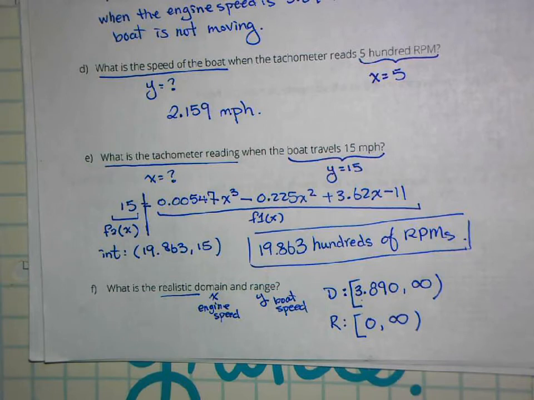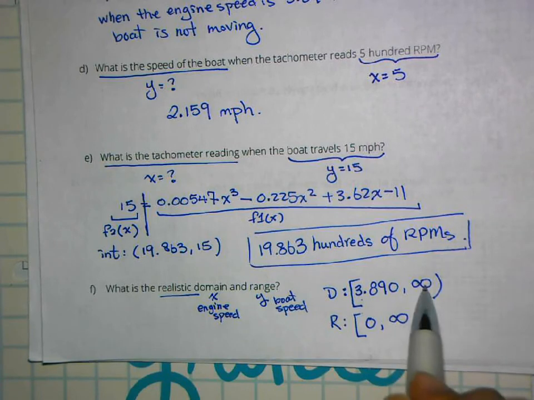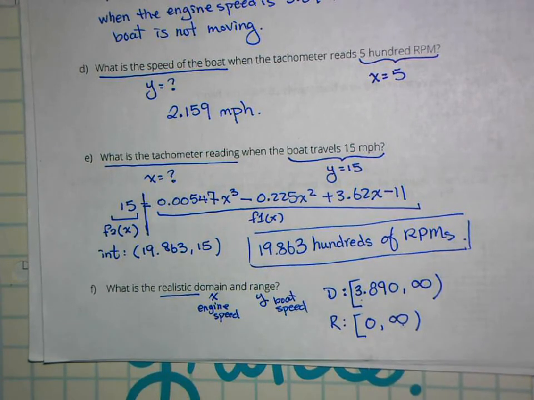How realistic is that? Probably not too much, but it's realistic at what I know about the speed of a boat. I can always go research the top boat speed, and then get an endpoint for my engine speed and for my boat speed. Either way works.